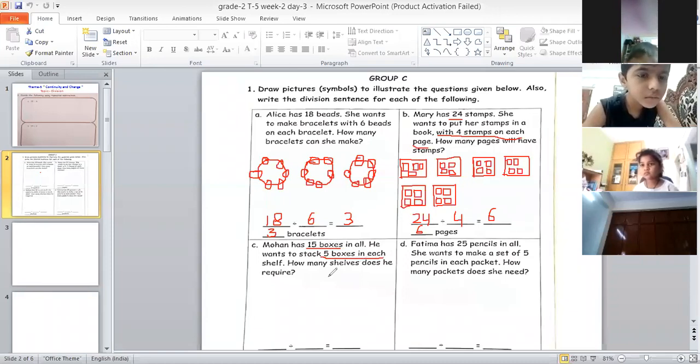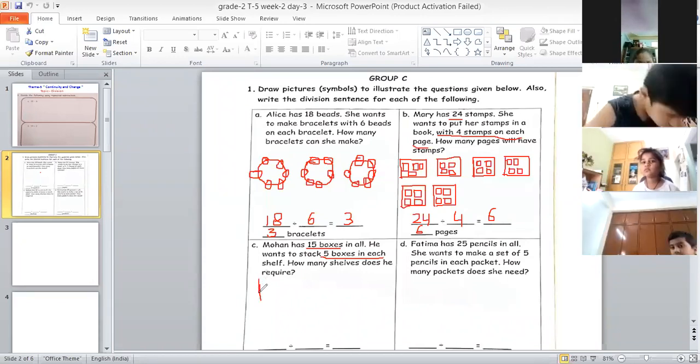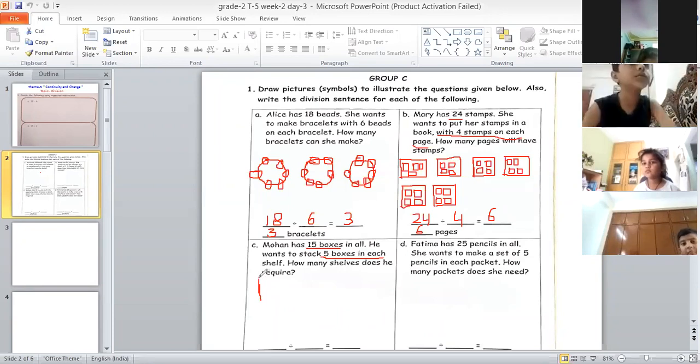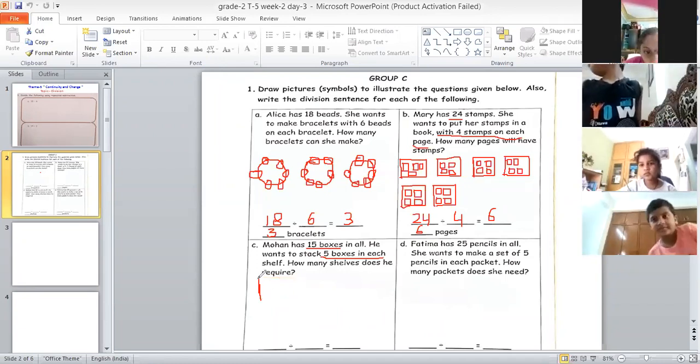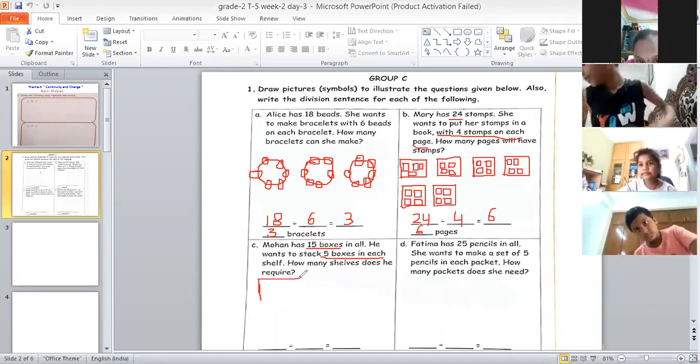Now the question is, how many shelves does he require if we want to put his 15 boxes, with 5 boxes in each shelf? Now let us make shelves first. Let us make 2 shelves first. We don't know how many shelves he will require, so we'll start by making 2 shelves.